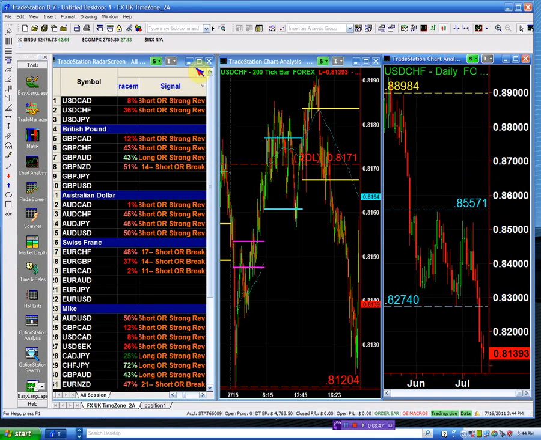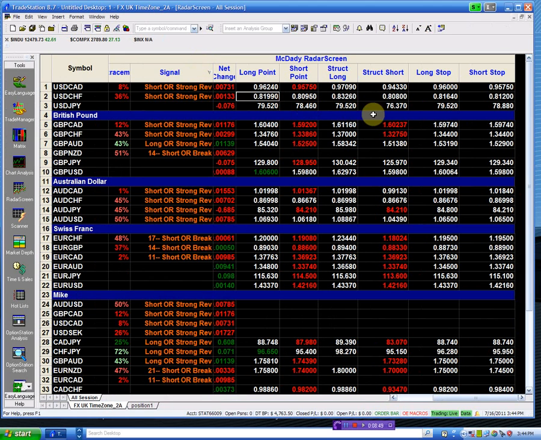Our structure short is the all-time low, which is the 80.80, and the distance between those two is just 15 pips, so you must get a capitulation below the 80.80, otherwise you get out quickly, and we're using the 81.20 as a stop. Okay, that is the dollar Swiss. Let me save that.